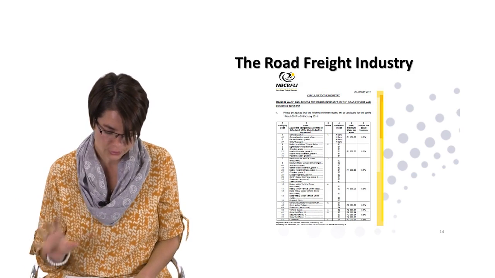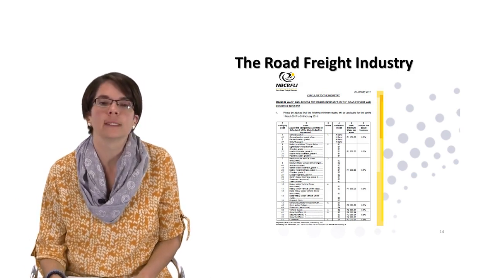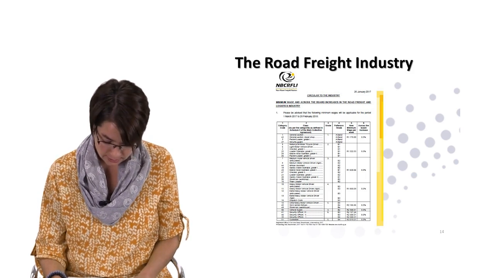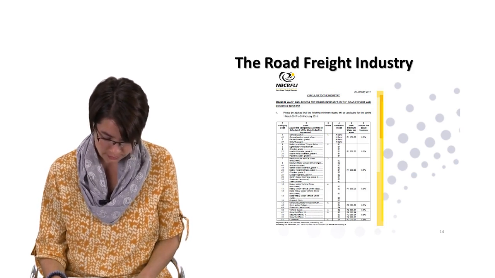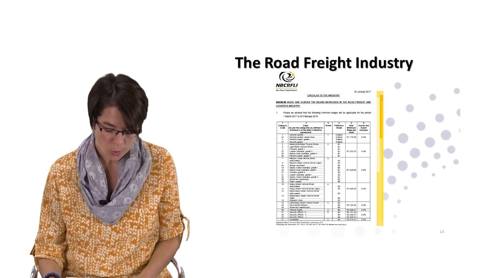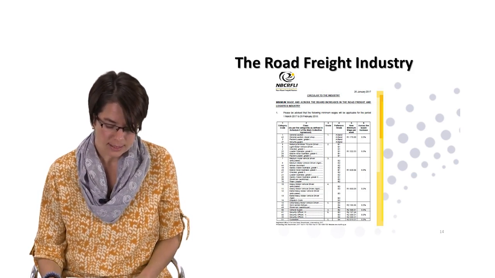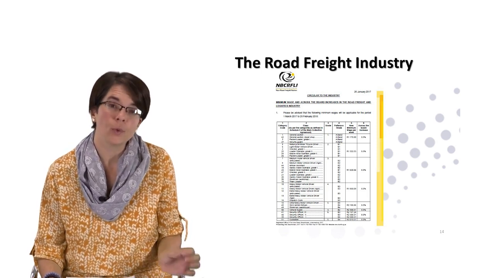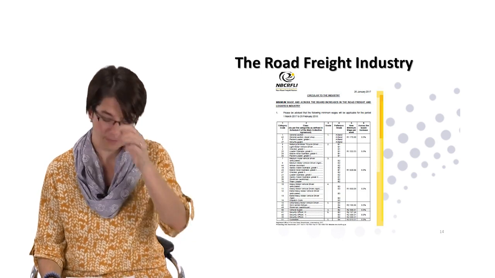The next grade is grade 2, and the first employee is a category code 5. This is a motorcycle or a motor tricycle driver. I did put a definition there. You'll see that for all the drivers, the definition doesn't define the employee, it defines the vehicle.